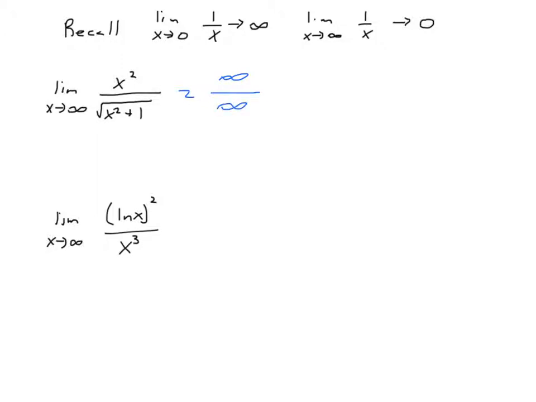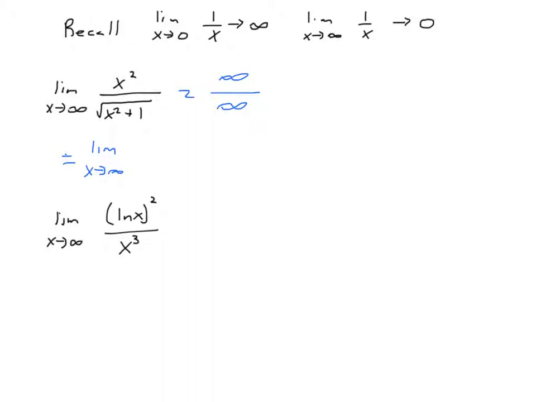And so I have the indeterminate form. And so I can now say that's going to be equal to the limit as x approaches infinity, where I can apply L'Hopital's rule.